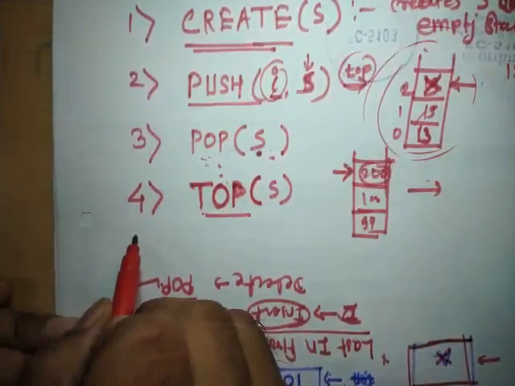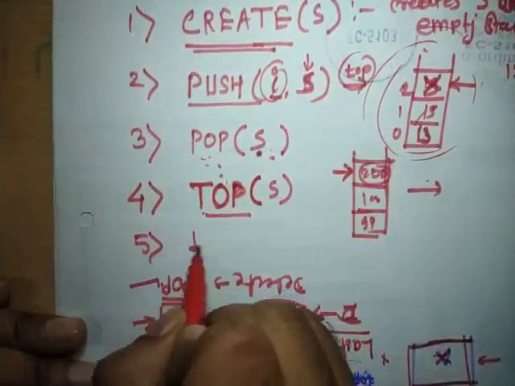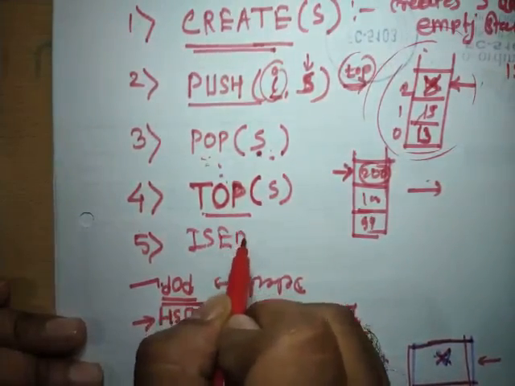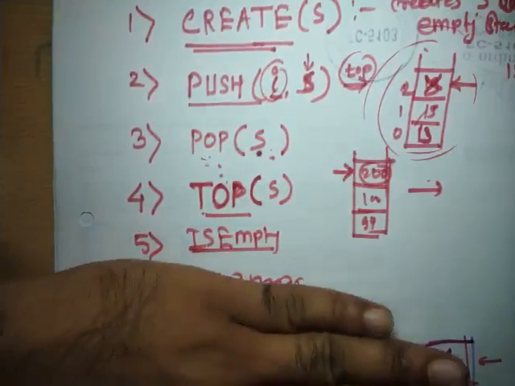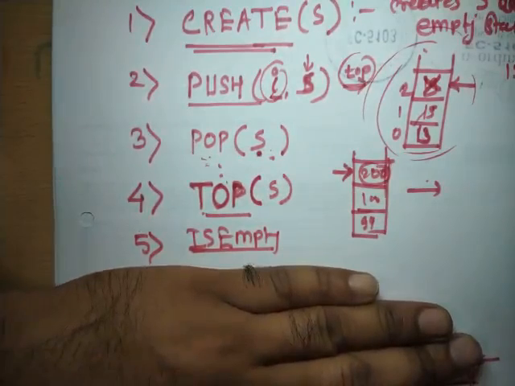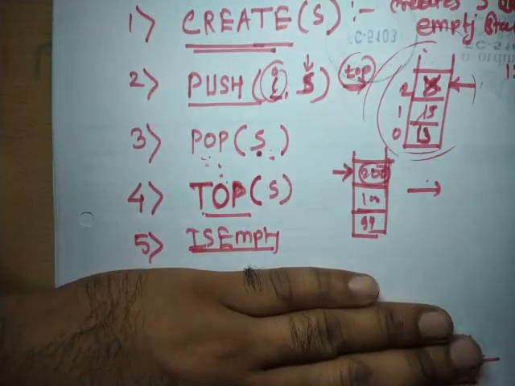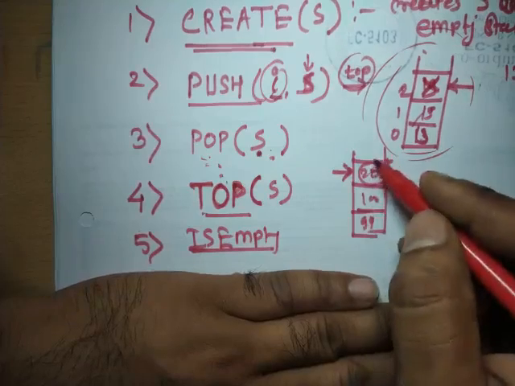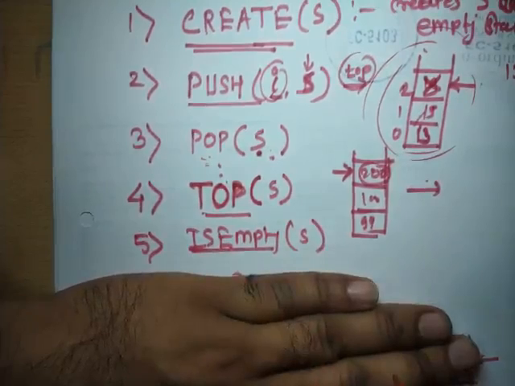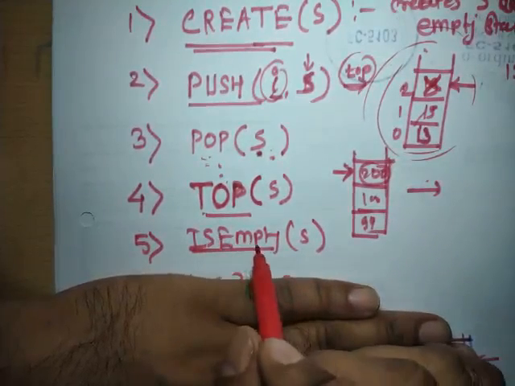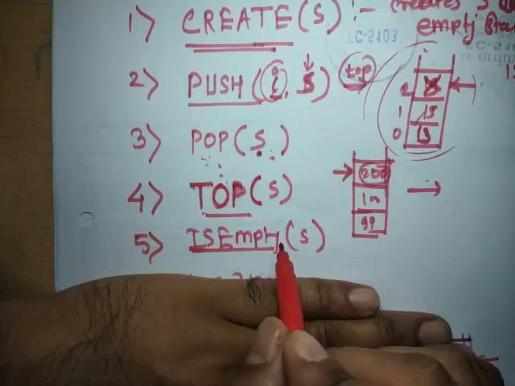And the last operation that we are going to see is isEmpty. This operation simply checks whether the stack is empty or not. Suppose we pass this stack as an input to the isEmpty function, or operation.